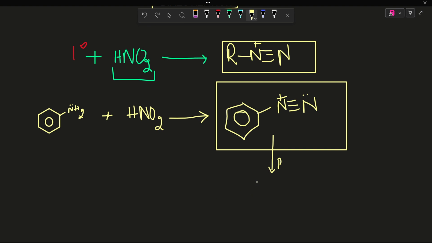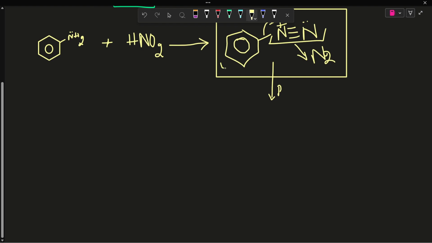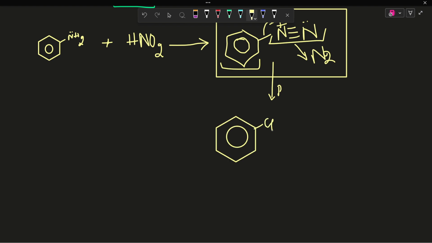For example, this molecule leaves as N2. Fine. So what we are left with, we can replace this N2 with Cl. So we'll be getting chlorobenzene. We can replace it with some other molecule like bromine, so we'll be getting bromobenzene.